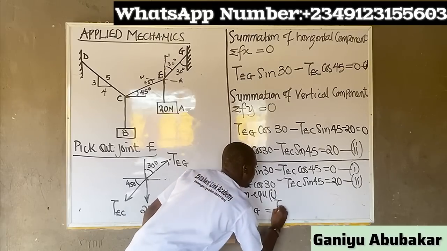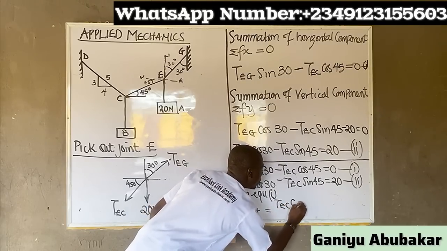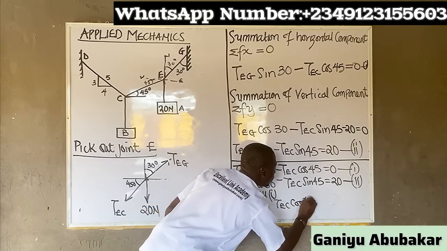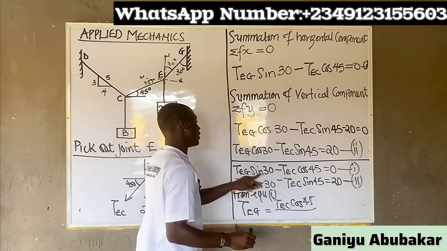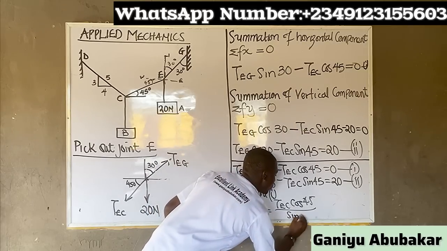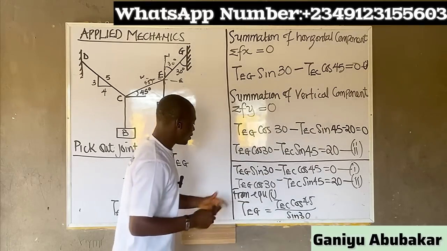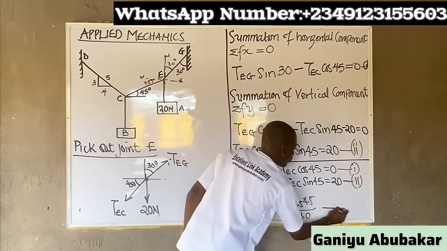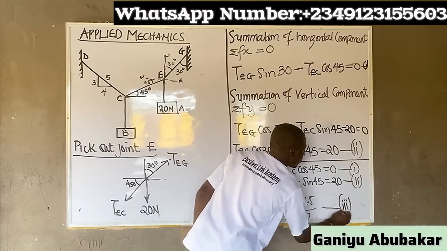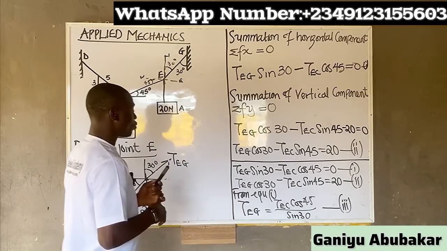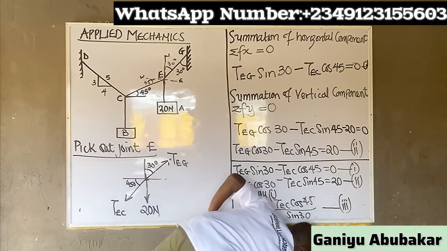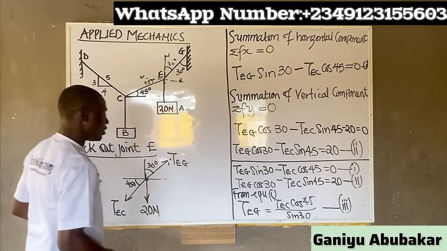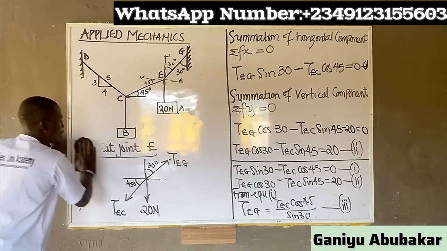That gives you TEC cos 45 all over sine 30. So just try to make TEG subject. You'll be having this expression. I'll call it equation 3. From here, let's get TEC, TEG, please.